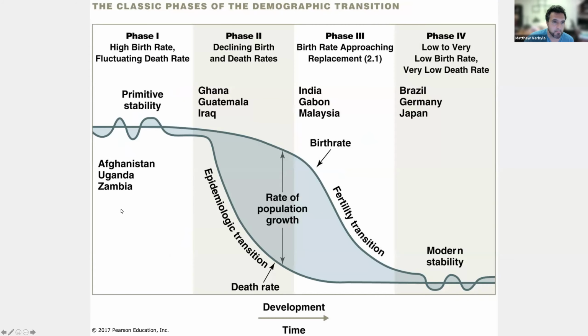So let's take the example of countries that we would classify as being in phase one, that have a high birth rate and a fluctuating death rate. Some examples of countries that fall into this category are Afghanistan, Uganda, Zambia. So there's relative stability in the population demographics.